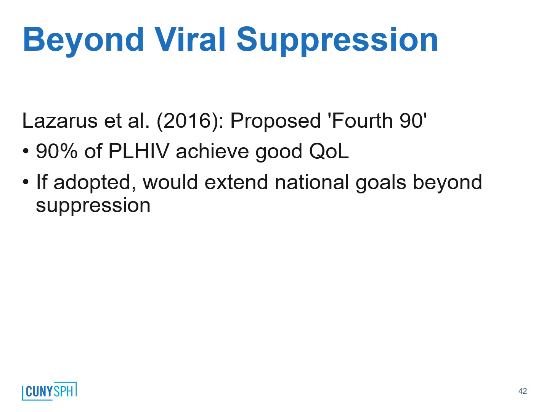Currently, national goals are that 95% of people living with HIV know their status, 95% of those who know their status are linked to HIV care, and 95% of those on treatment or in care are virally suppressed. So this new fourth 90 would go beyond viral suppression.